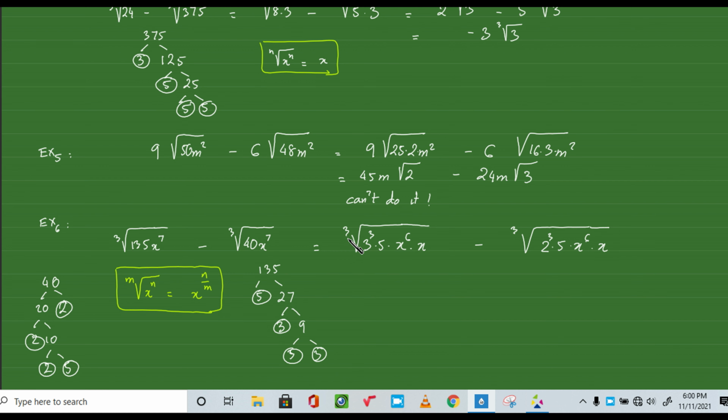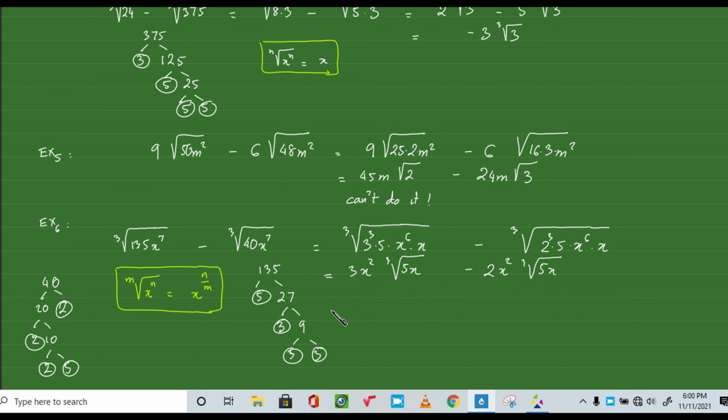So the cube root of 3 to the third power, we apply the yellow box here, which gives you 3. Cube root of 5, you cannot do anything. Cube root of x to the 6, we apply this formula here, which gives you x squared. So what I have left is the cube root of 5x. The same thing over here: I have 2x squared, and I have the cube root of 5x inside.